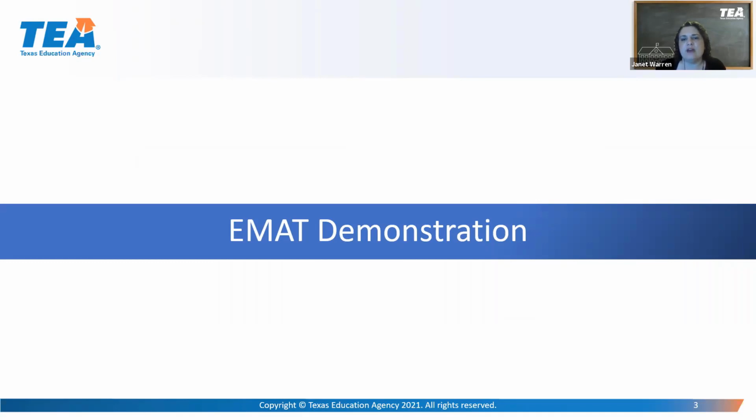And then after that, we're going to go over several resources that are available on the TEA website. So I'm going to stop sharing this presentation, and I'm going to share EMAT for you to see.